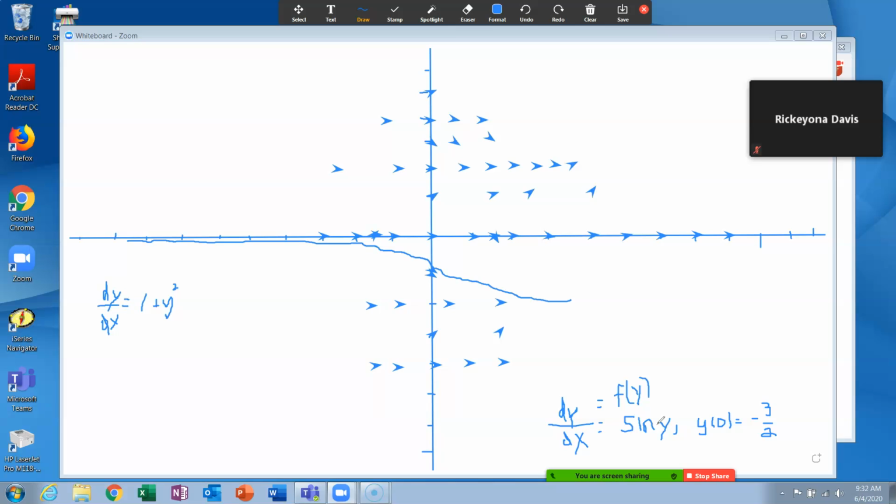That's autonomous. The t is nowhere in the right-hand side. When we talked about those that dealt with disease spread, dx dt is kx times n plus 1 minus x.